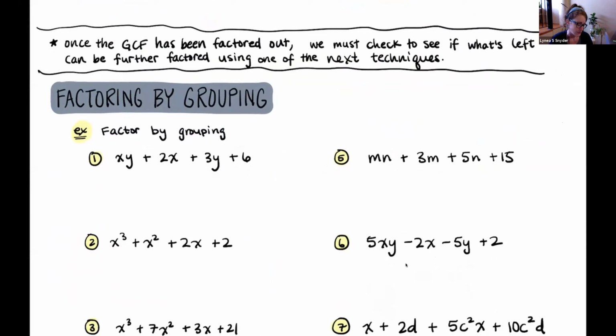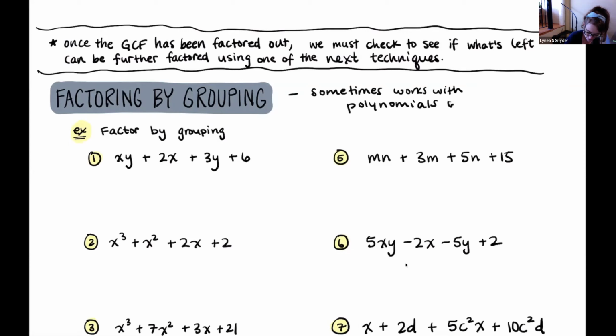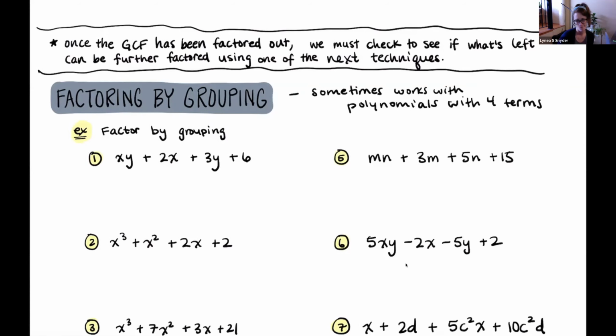And so the next thing is factoring by grouping. And the way to recognize when this will work is that it sometimes, not always, works with polynomials that have 4 terms. So if you see something that's got 4 terms, then you might try factoring by grouping.